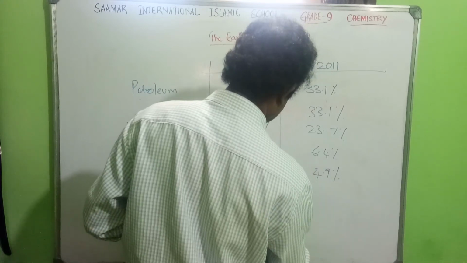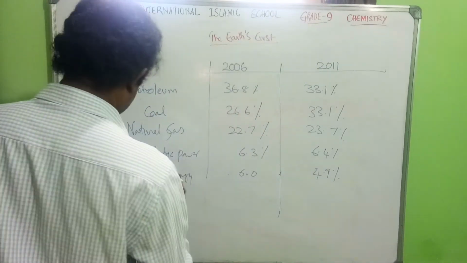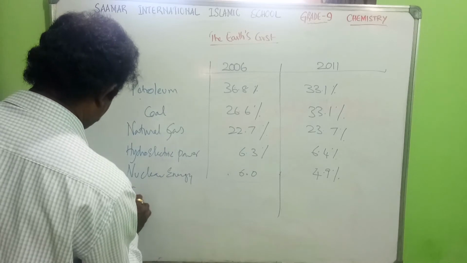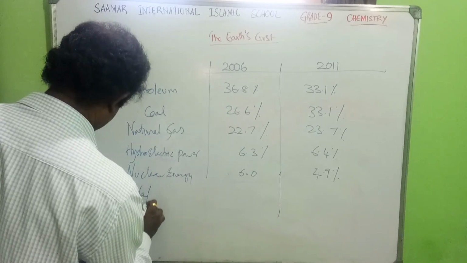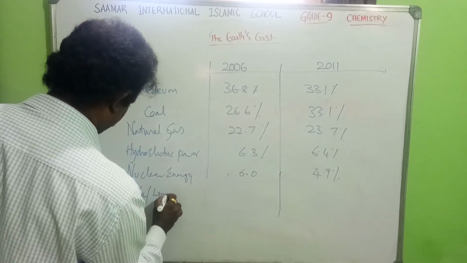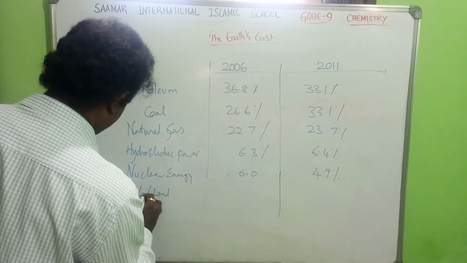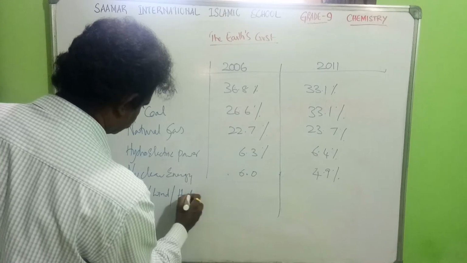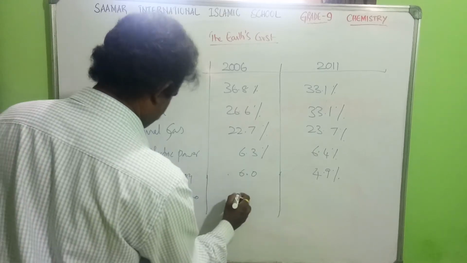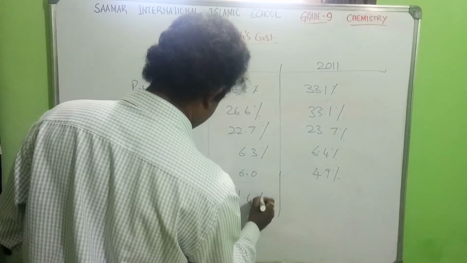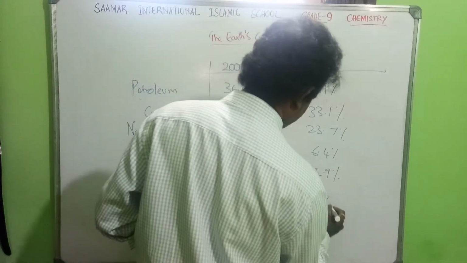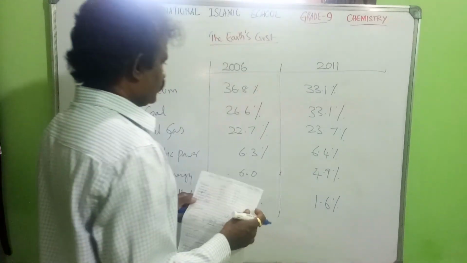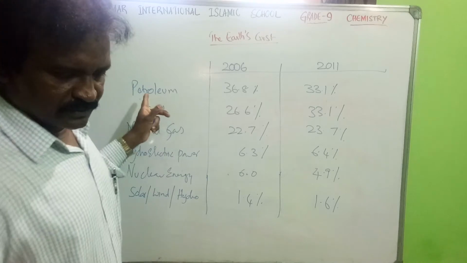You can see this is the comparison given. Next, all renewable resources like solar energy, wind energy. Next is what? Hydro energy. All these 1.4%. Now it is 1.6%. So now this is the status given.